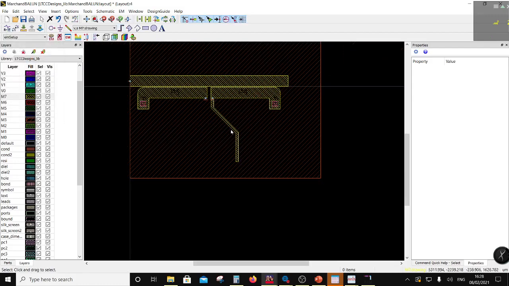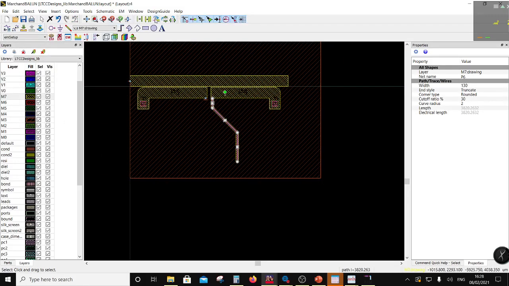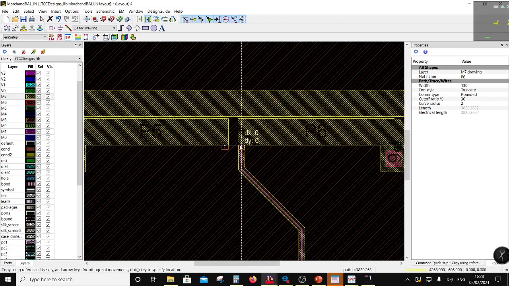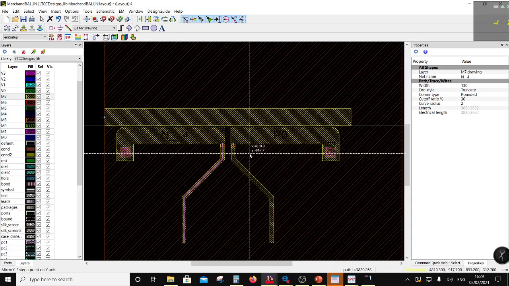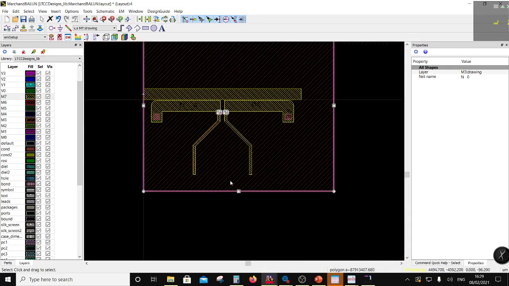Okay, so I'm going to take this section and repeat it here and then flip it out like this, and now my ports are over here, correct?